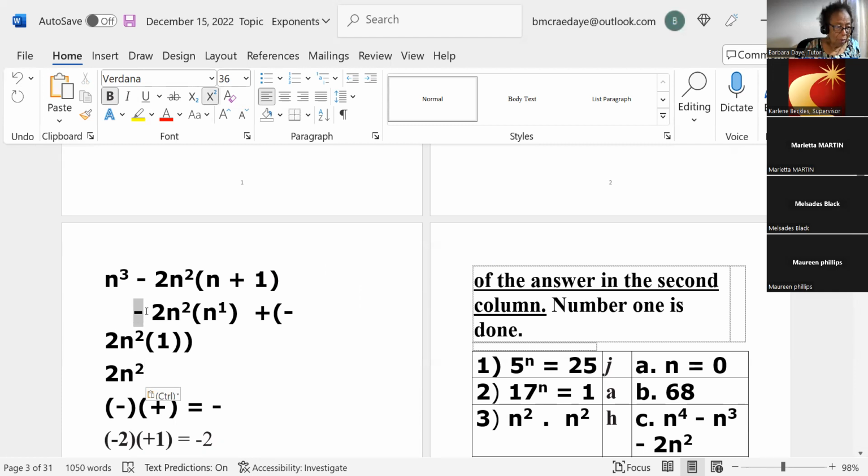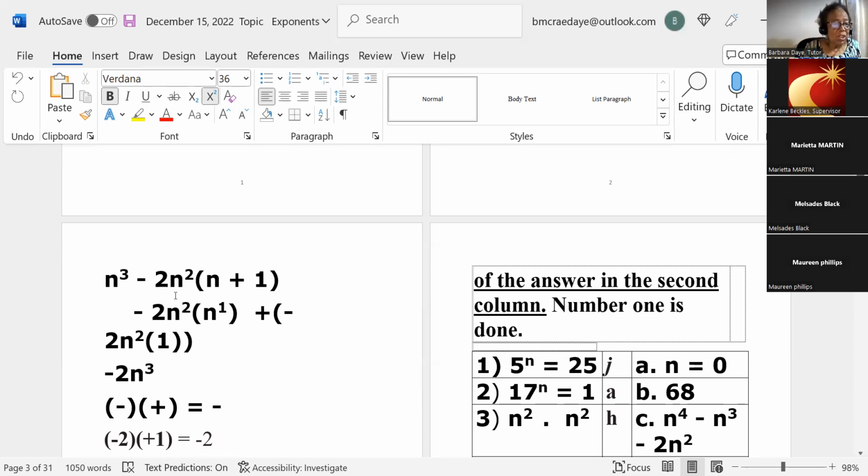So this would be a minus, and this would be 2 plus 1. And you just told me 3, right? Okay, so you took care of a minus 2n to the second times n. That gave you minus 2n to the third.